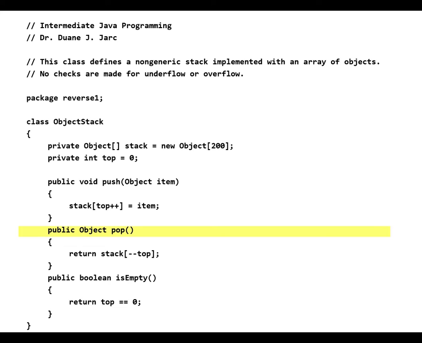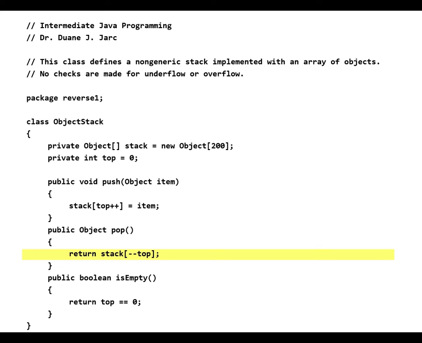The pop operation returns the top element of the stack. Its return type is also Object, as it must be. This statement removes the top element by decrementing top and returns it. The decrement operator must be a prefix operator so that it occurs first before the element is returned.